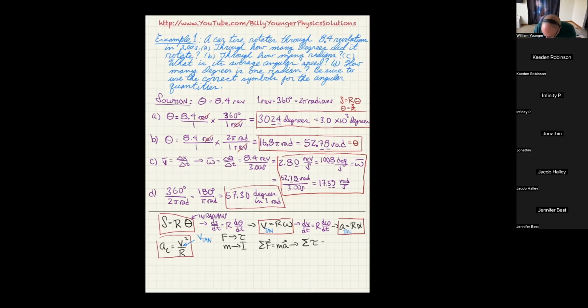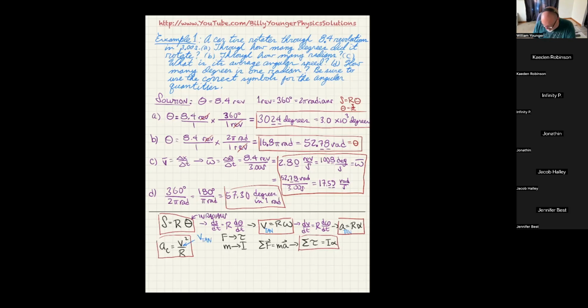Okay. So the summation of the torques is equal to, in this case, I times alpha. So that's another important equation we're using, and that equation is actually a dynamic equation because it actually gives us what causes the velocity, acceleration, and stuff of that sort.